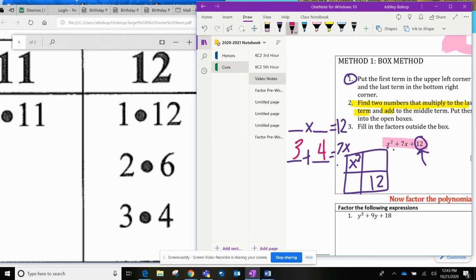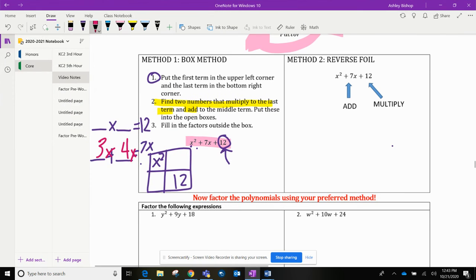In order for those to be like terms, I'm going to add an x to those. So I have 3x plus 4x. Now I'm going to fill out my box. 3x is going to go in one of my boxes, so I'll put 3x here. And 4x is going to go in one of my boxes. Now that the box is filled out, I'm going to erase this so I have room.